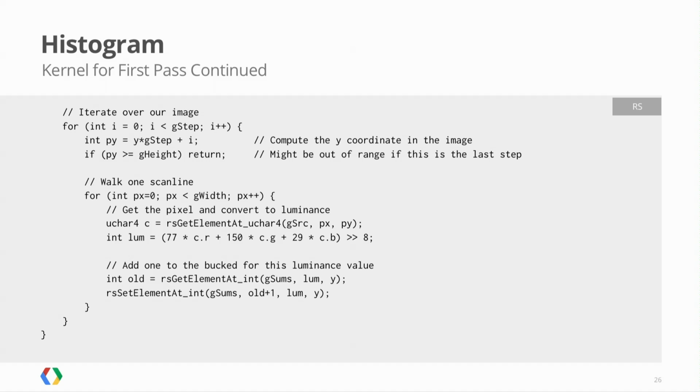And then after we've calculated a luminance value, we use that as the x-coordinate index into our intermediate buffer, and we load the existing value, increment it by 1, and then use setElementAt to write it back. And this is how we're constantly accumulating from each work item an output value.